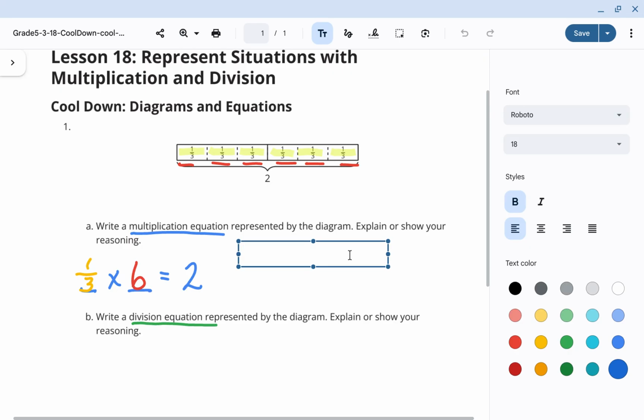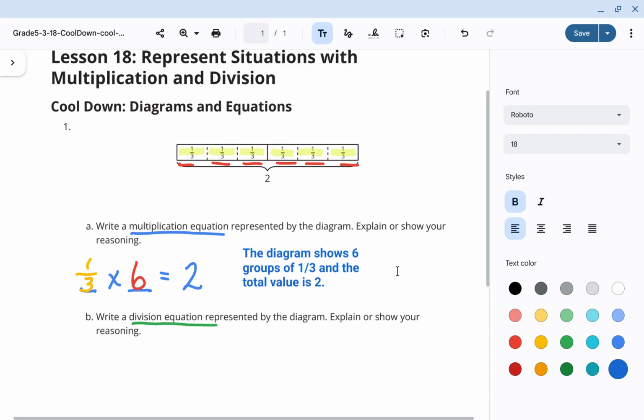So I'm going to say that the diagram shows 6 groups of 1/3, and the total value is 2. Just a quick sentence, almost like a caption to the multiplication equation I built.